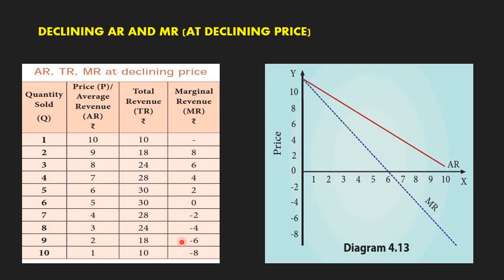One thing you have to remember is that total revenue will never go negative, it will be positive. But the marginal revenue is going negative. So here you can see the average revenue is decreasing, the marginal revenue is also decreasing, but it also goes to negative. So that's all.